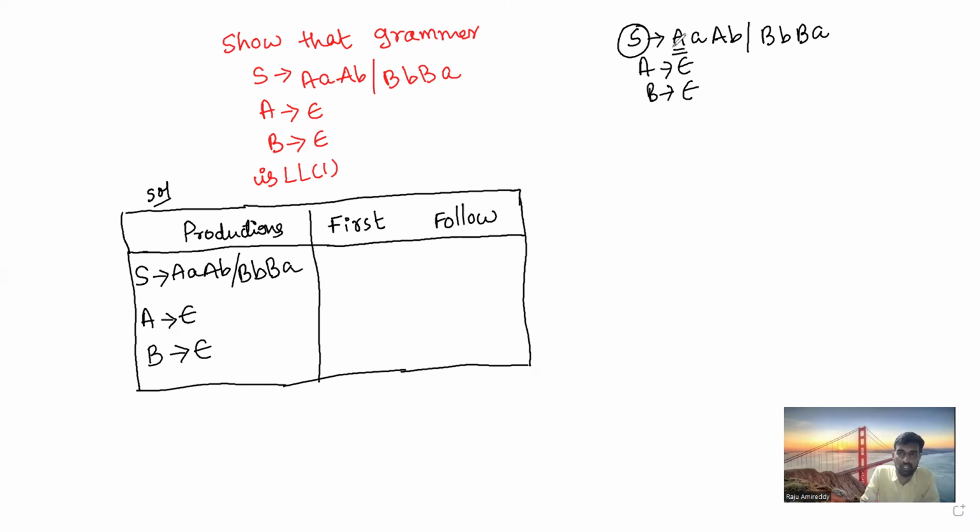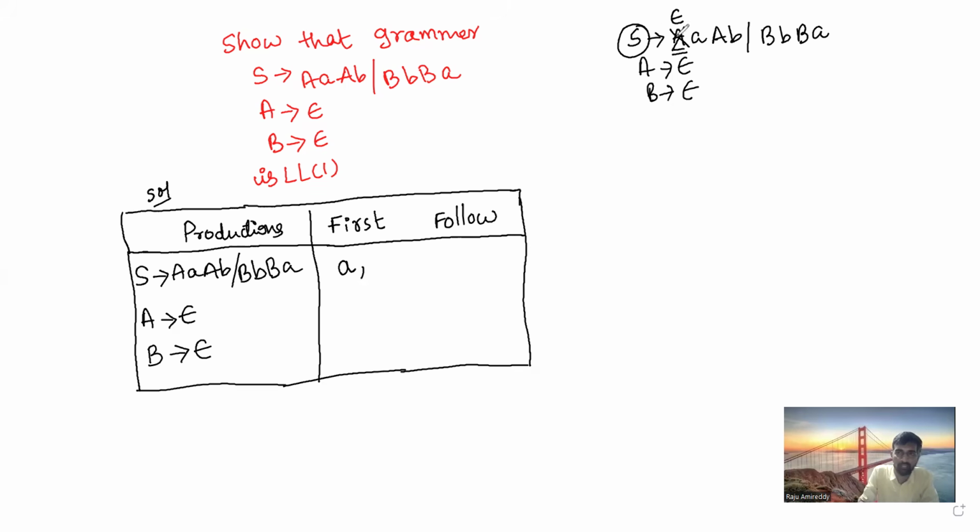Then you go with what is the first of A? First of A is ε. Now we need to substitute this ε in place of A. Then first of S is small a.